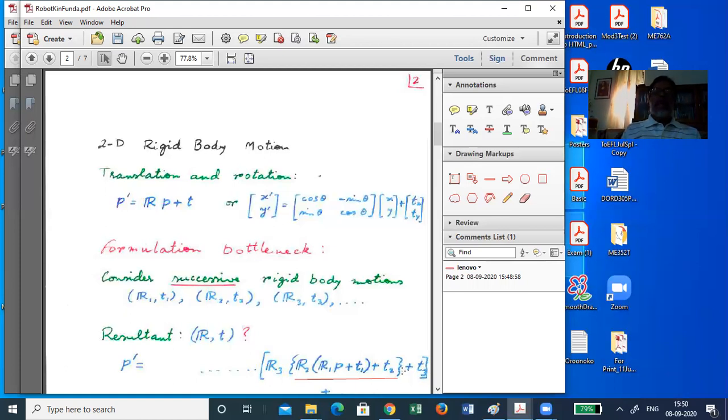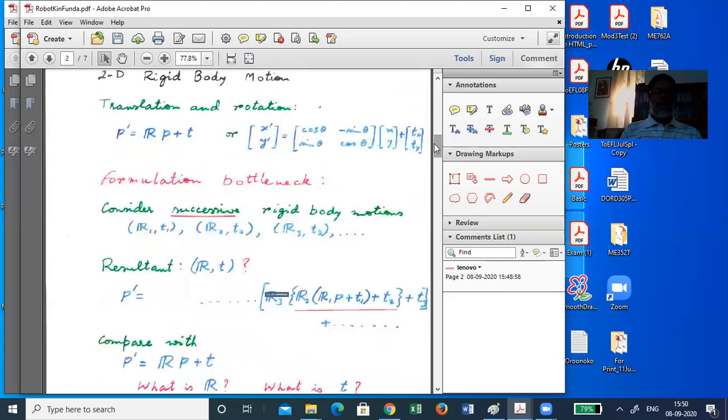Besides, this is only 3. So you can at least write it till this point. Now, when there are 18 such successive rigid body motions, how to write them? It will be trouble, right? So writing, analyzing, anything will become difficult. You need a straightforward representation.